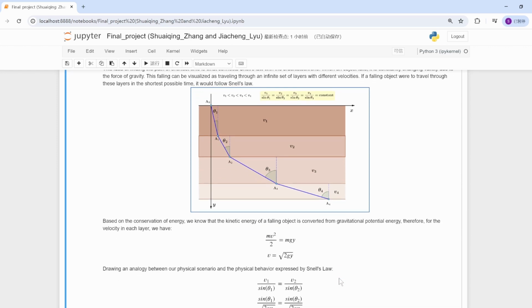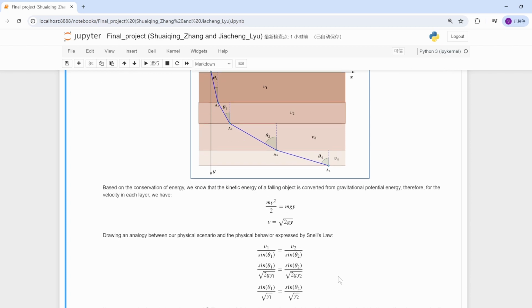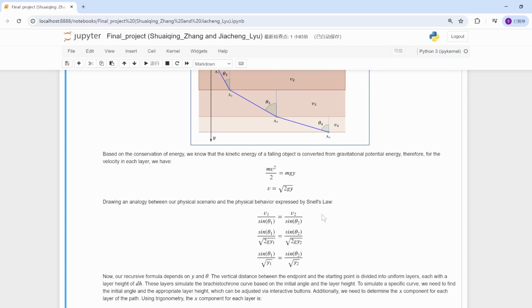This situation is very similar to the behavior described by Snell's law. Also, according to the conservation of energy, we know that the speed between different layers can be expressed in this formula. Combined with Snell's law, we can use this formula to express our coordinates in space.